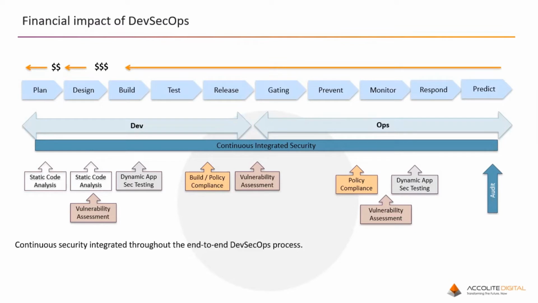Shift left is an approach to software testing in which tests and fixes are performed earlier in the development pipeline, more to the left when looking at the life cycle diagram that flows from left to right. It enforces the agile principle, test early and often, by building the testing into all stages of SDLC.